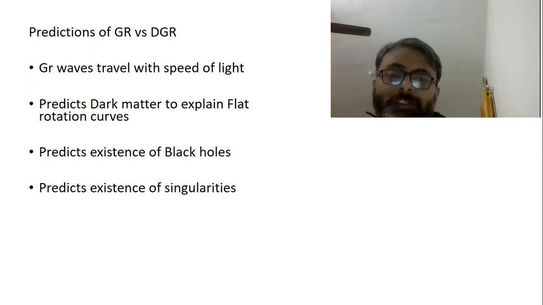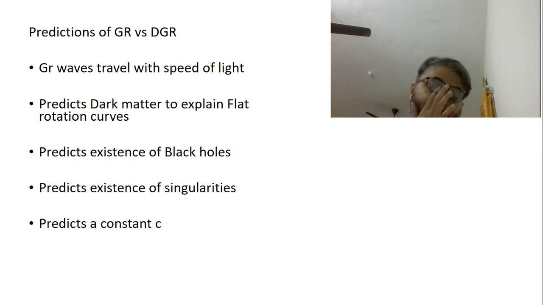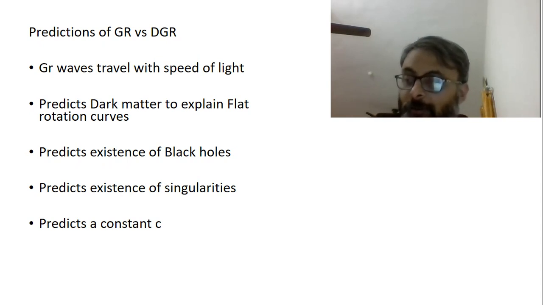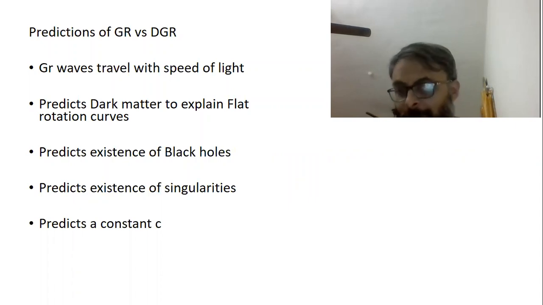So these singularities are not needed in DGR, because DGR takes some assumptions from loop quantum gravity, which limits infinities by limiting how small space-time can be. That's why singularities are not a problem in DGR, but they are a problem with general relativity.